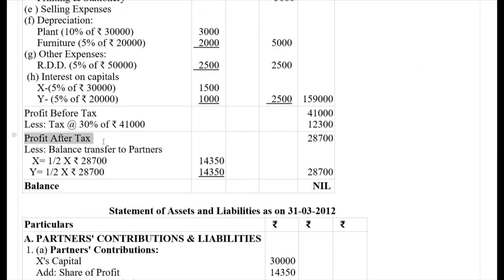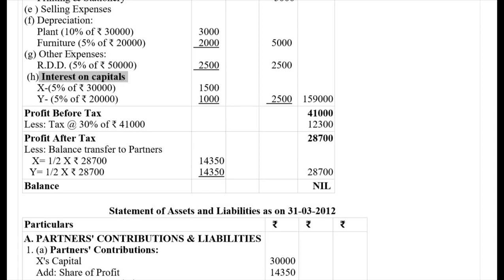So this is profit after tax. Usually the rate of tax will be given in the problem, but even though the rate of tax is not given in the problem, we should practically calculate at the rate of 30%. But from the problem point of view, it can be taken or it may not be taken. But if you have taken, then you should give a note to the same effect.